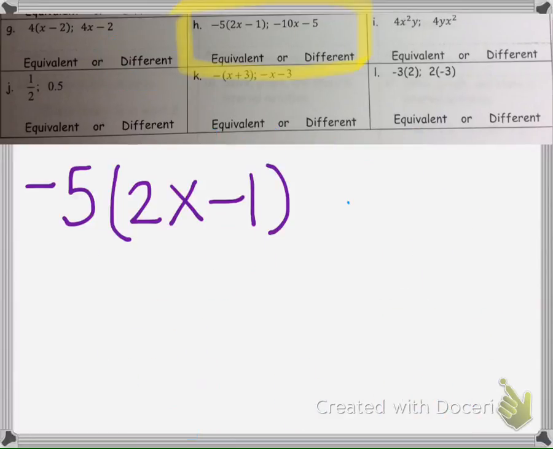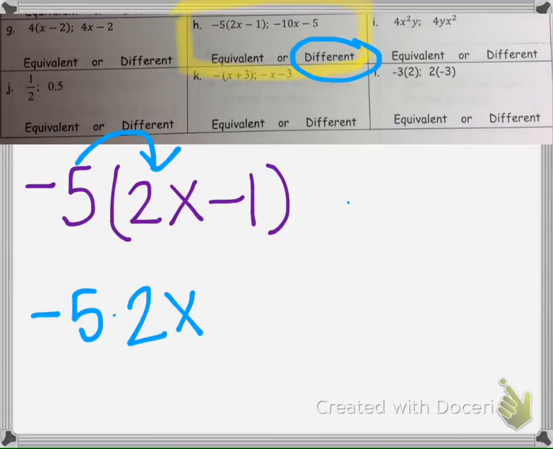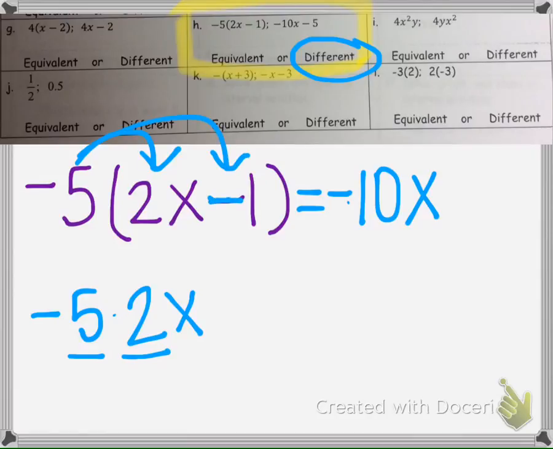Okay, so for letter H here, one way to show that they are different is if we apply the distributive property, we'd have negative 5 times 2x, so we multiply the coefficient, or the 2 next to the negative 5, so that it would equal negative 10x, and then we'd have a negative 5 times a negative 1.